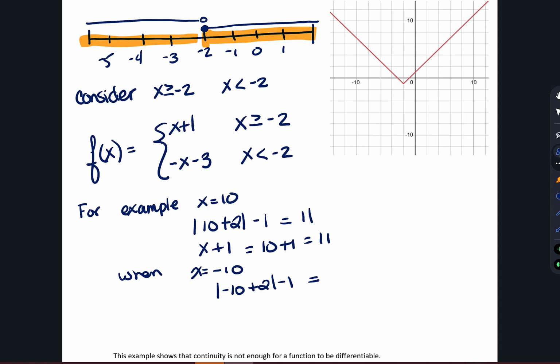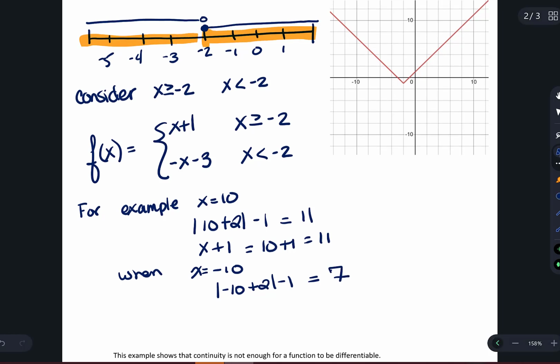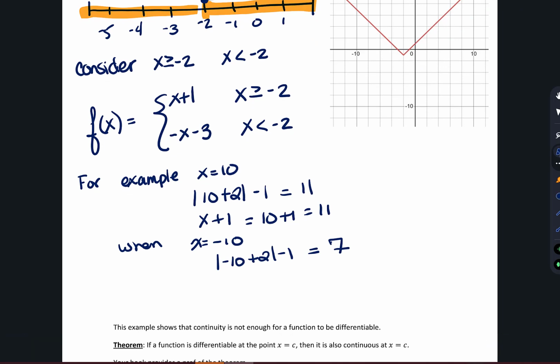And we take the absolute value of that, and that is going to be 8, minus 1 is 7. And then if we look at the piecewise function, -10 is less than -2, so we would have negative times -10 minus 3. Well, minus -10 is going to be positive 10, minus 3 is 7. So our spot check checks out.